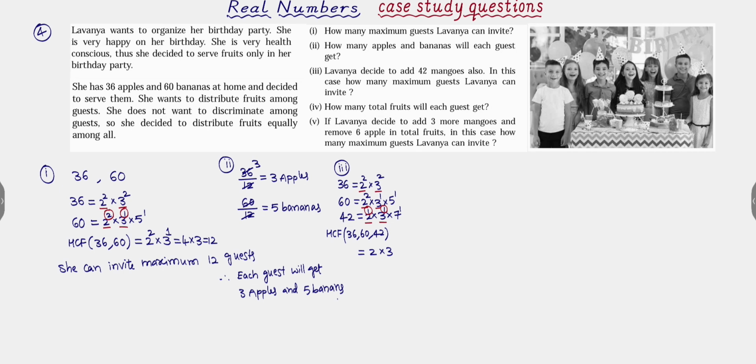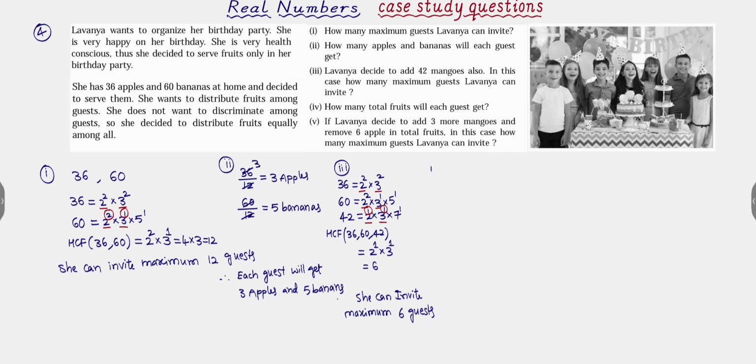So 2 power 1 into 3 power 1, which is 6. In this case, she can invite only six guests, a maximum of 6 guests.